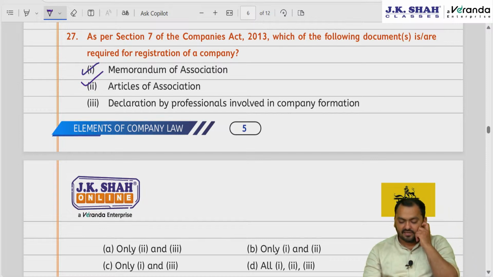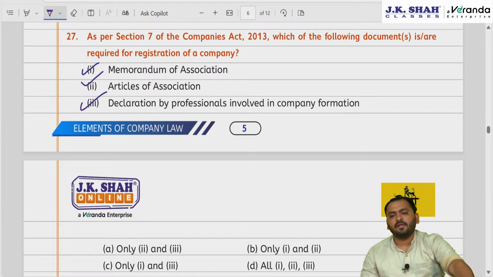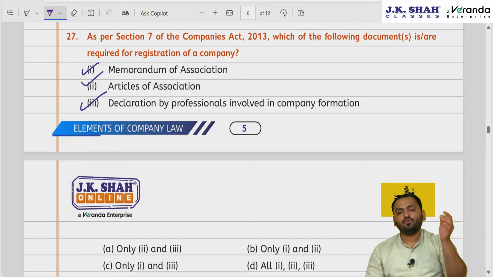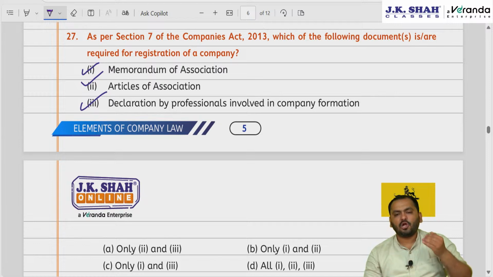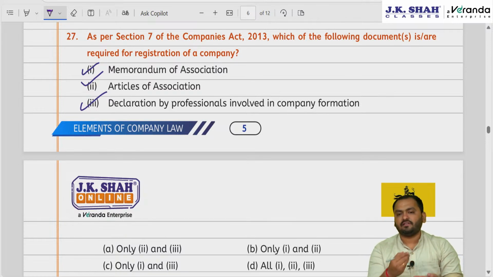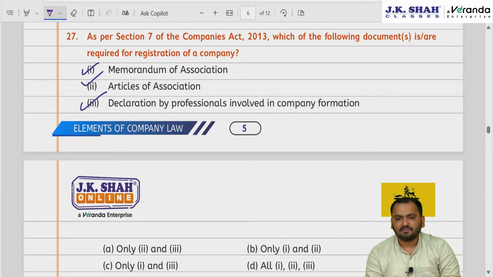Next, declaration by professionals involved in company formation. Is this required? So answer is yes, even this is required, because when you make the application for incorporation of company, you need to attach MOA and AOA, and along with that you need to take a declaration by a practicing professional. That can be a practicing CA, practicing CS, practicing CMA, or an advocate. From any of them you can take a declaration, that is a declaration about compliance.